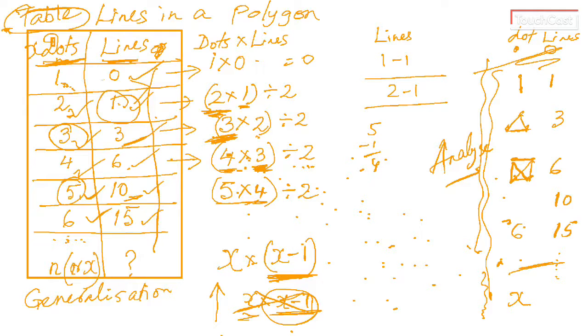So x times open bracket x minus 1, and divided by 2. So the rule is, we call it y, that's the final answer, y equals x times x minus 1 over 2. That's another way of writing it.